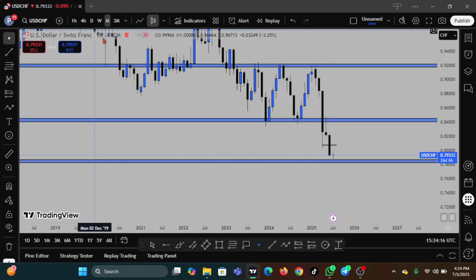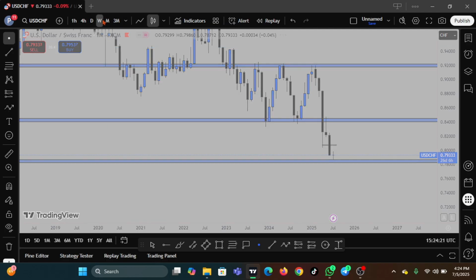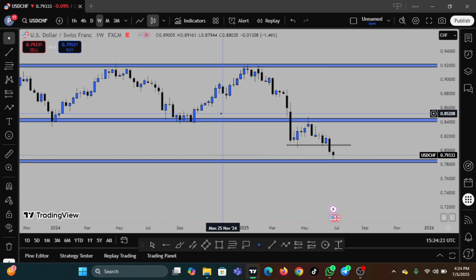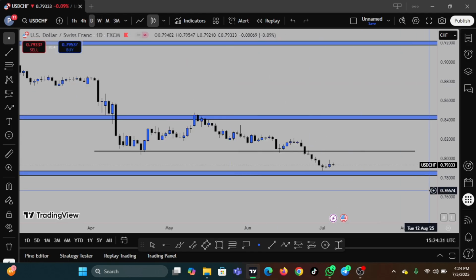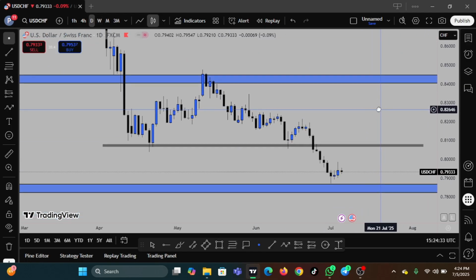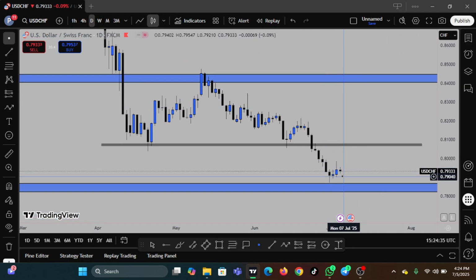From this point here, the buyers may step in for price to keep rising upward. You can see last week's candlestick we rejected from that zone, giving us some sort of pin bar candlestick. And on the day charts, we are already seeing bearish exhaustion in the market, so the price here may also want to pull back.